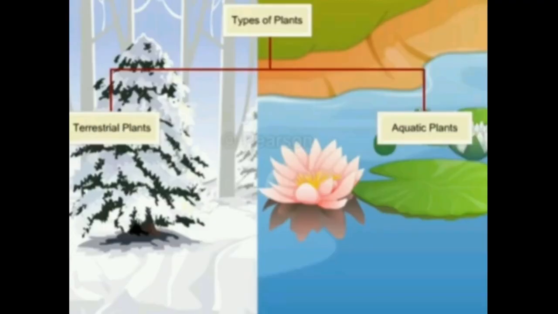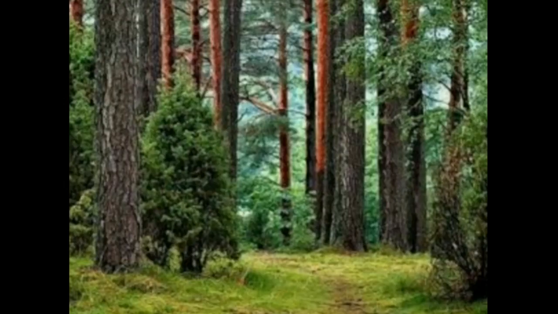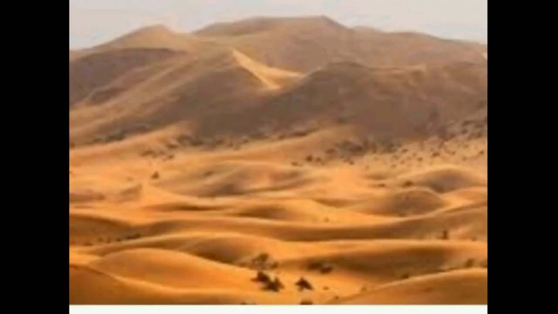According to the habitat, we can divide plants into two groups. The first one is terrestrial plants or land plants, and the second one is aquatic plants or water plants. Now we are going to learn about terrestrial plants. On land, there are mountains, forest, plains, and desert.